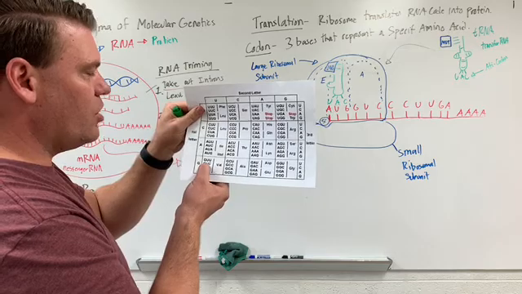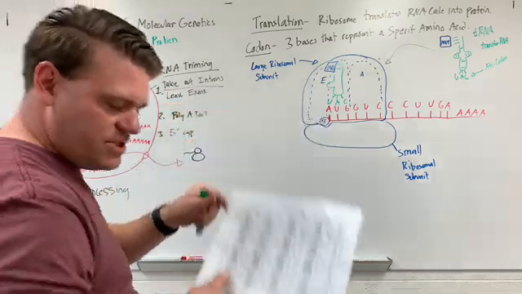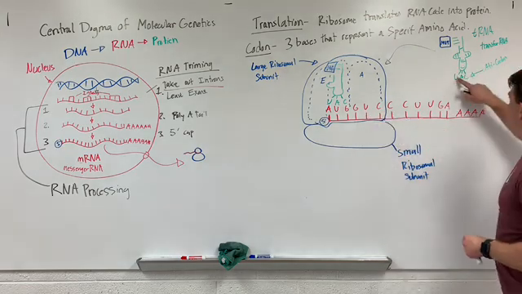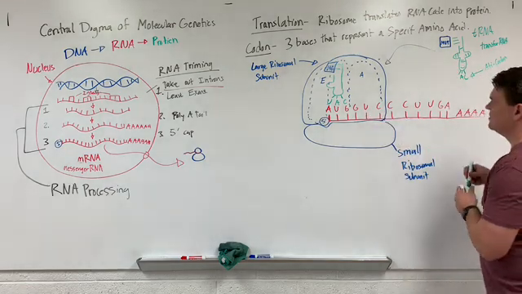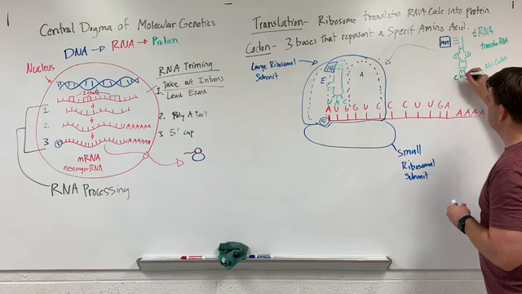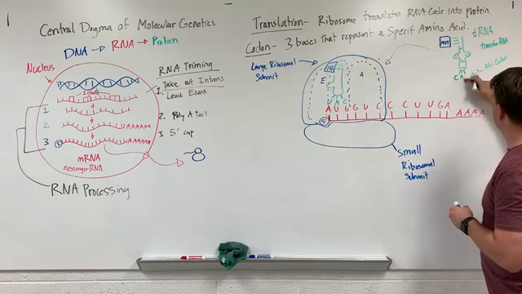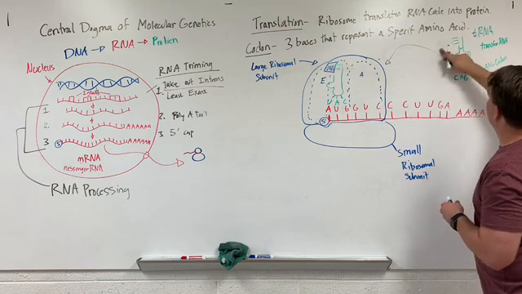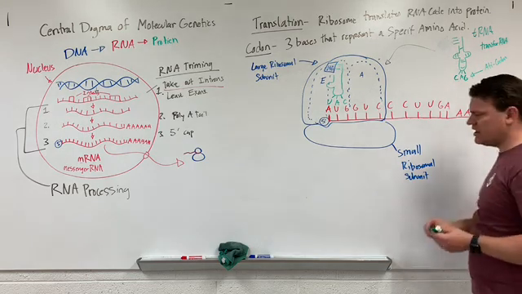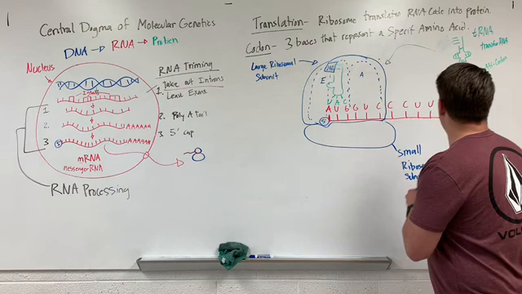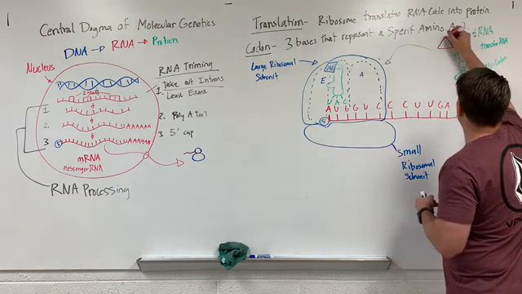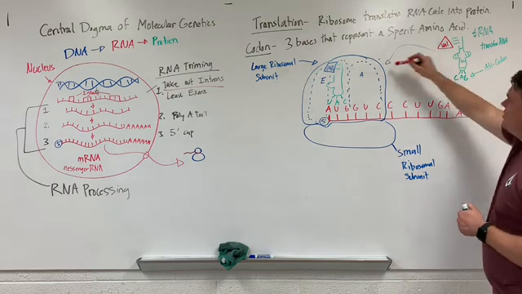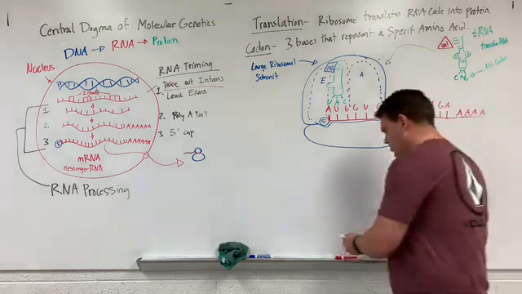All right, so the anticodon for GUC is going to be CAG, and because it's got that anticodon, it's going to have the amino acid valine, so VAL. And this tRNA now is going to come over into our A site.